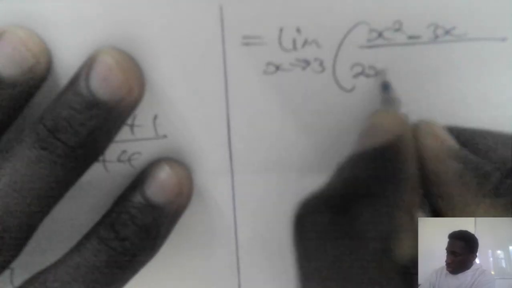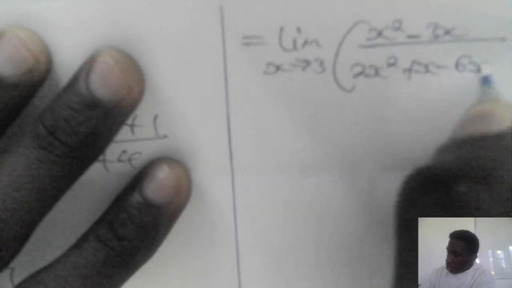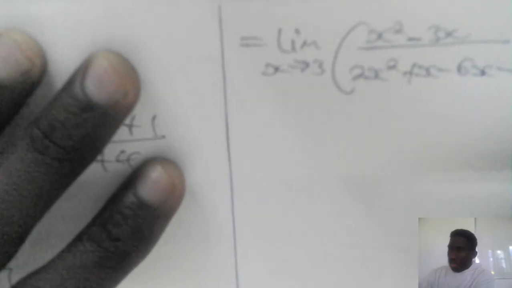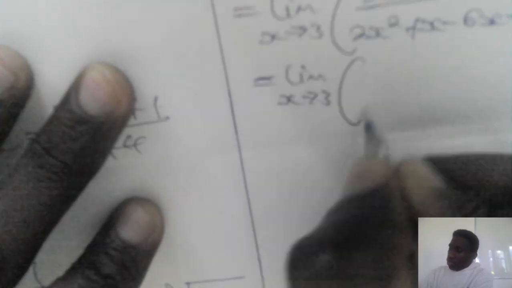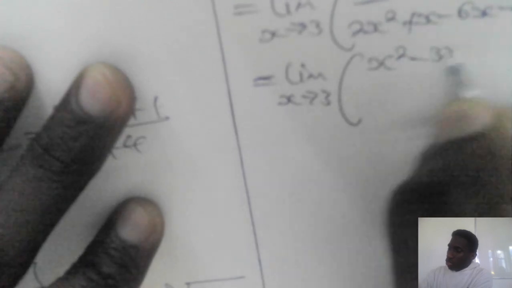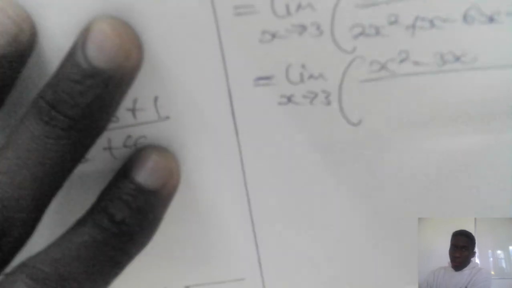Okay, let me just write the denominator as it is. This is how the denominator is right now. But we are going to factorize it. So we essentially group them, the denominator.